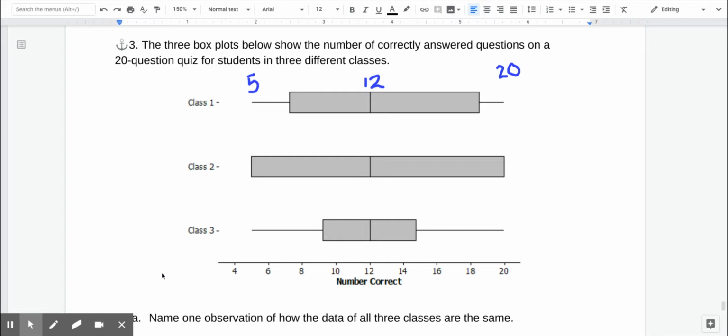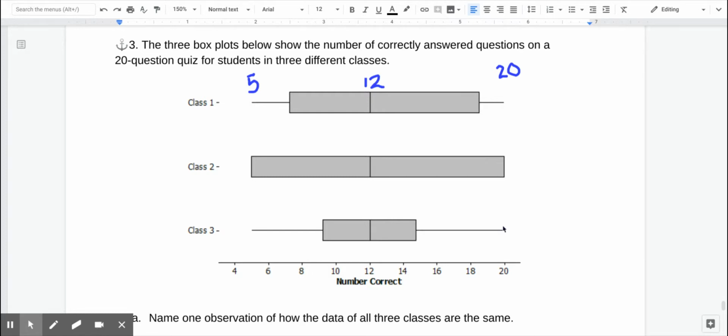So one observation about how the data of all three classes are the same here are 3 of them. The minimum in each case is 5, the median in each case is 12, and the maximum in each case is 20.